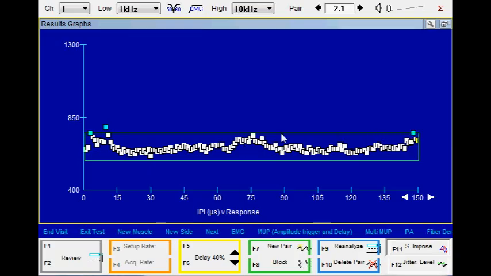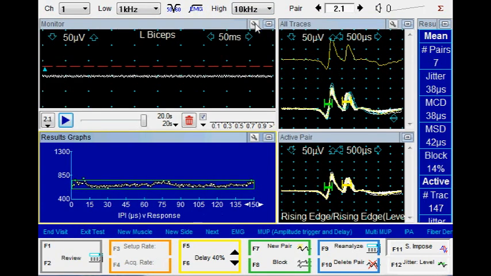The blue traces are excluded from analysis. In this case, I have only 2 or 3 data points thrown out, which fits very nicely with a Gaussian or normal distribution. And I'm actually happy to see this kind of a pattern. I'm not concerned by 1 or 2 data points thrown out. So I'm not going to make any change to this. Double click. So that's the second step.